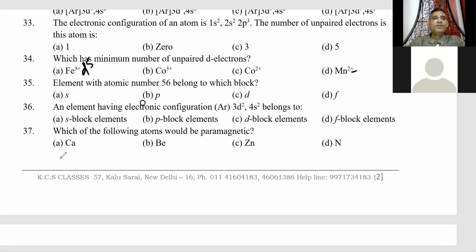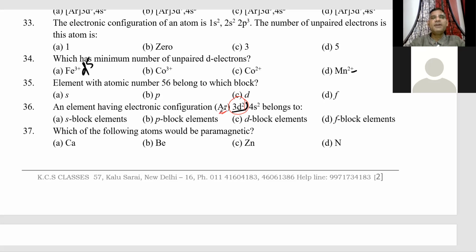S block. No, not S block. 3d2, right? d is incompletely filled, right? Yes. This is titanium 22.